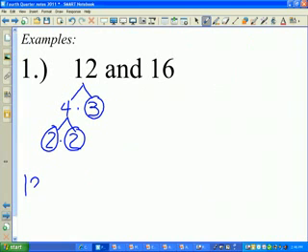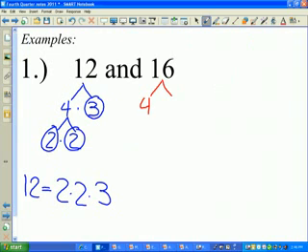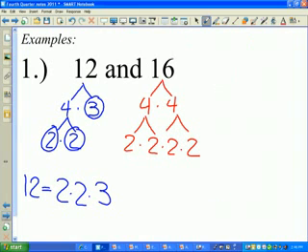So 12 is equal to 2 times 2 times 3. That's the equivalent of saying 12, but all the way in its prime factorization. I'm going to do the same thing for 16. Here I have 4 times 4, which is 2 times 2 times 2 times 2.